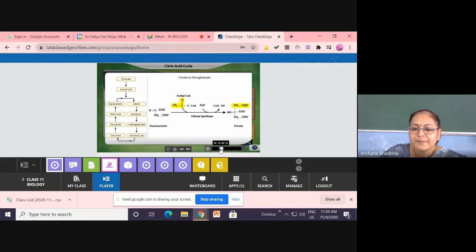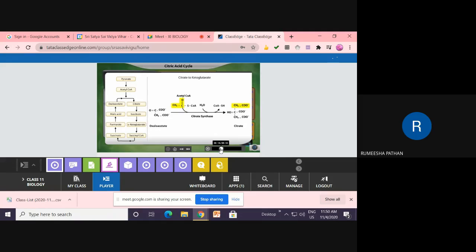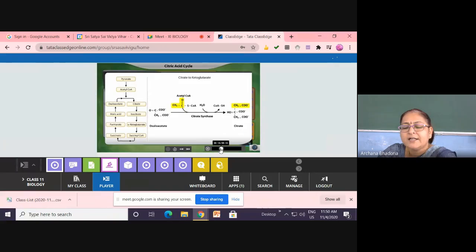Ma'am, what is this H before CO and that highlighted yellow box? They are telling that is coenzyme A only.